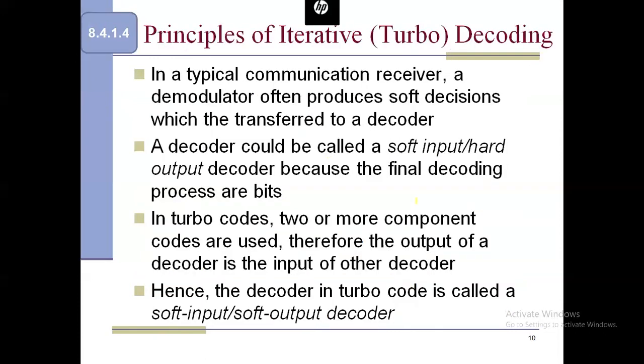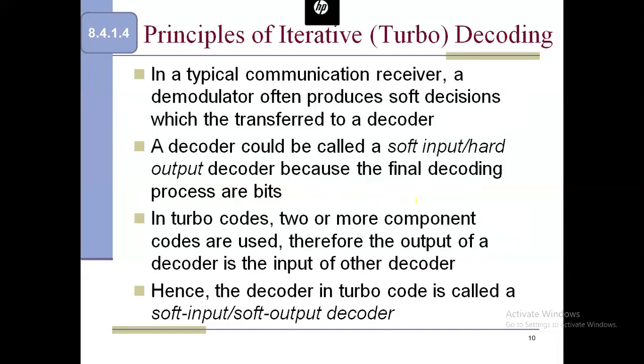Basically, the modulator often produces soft decision which is transferred to the decoder.